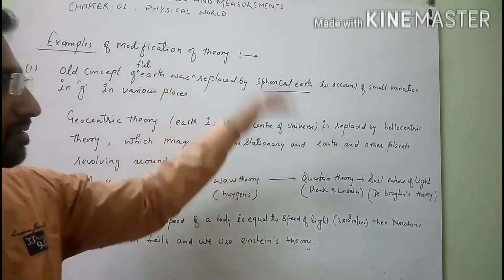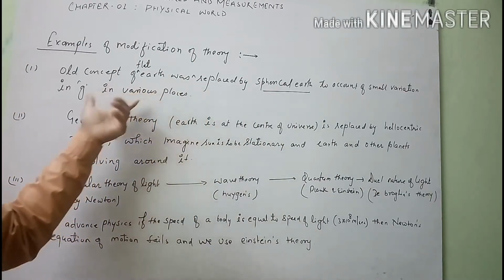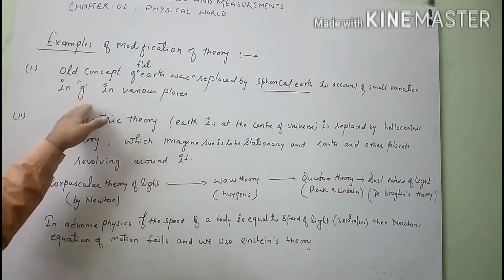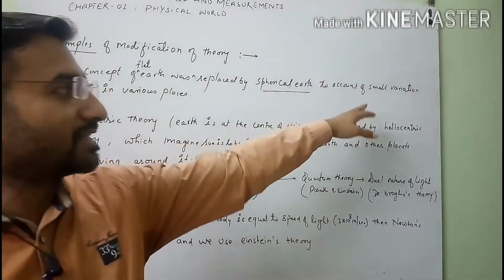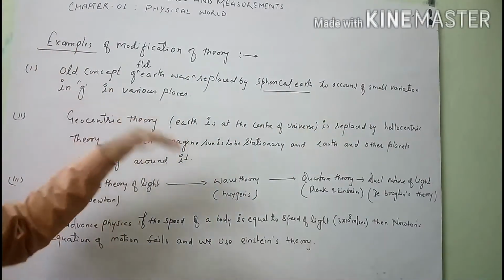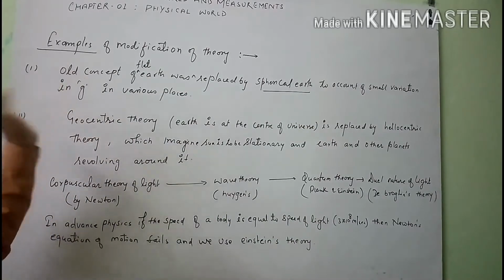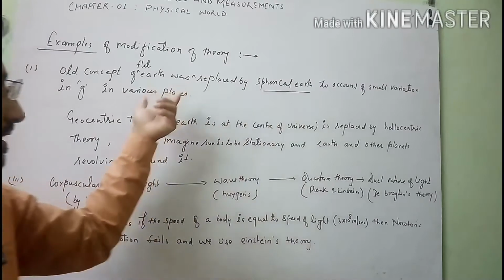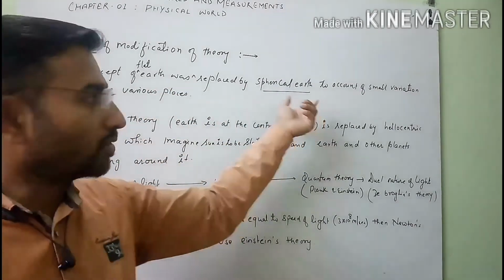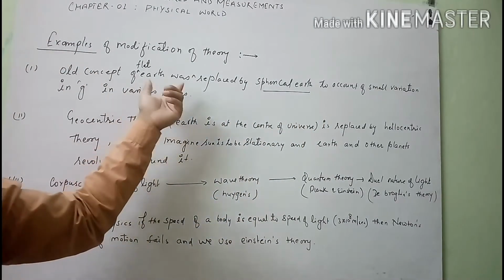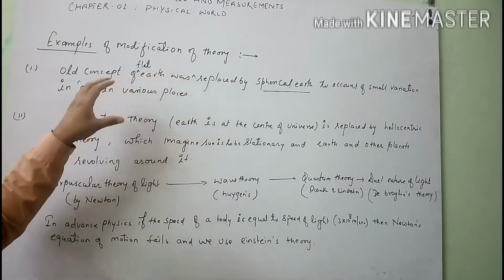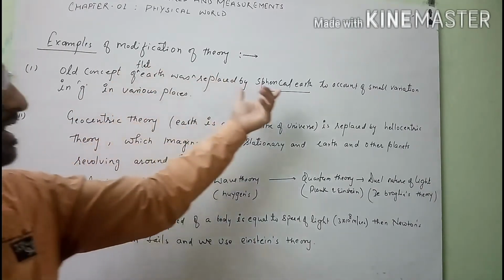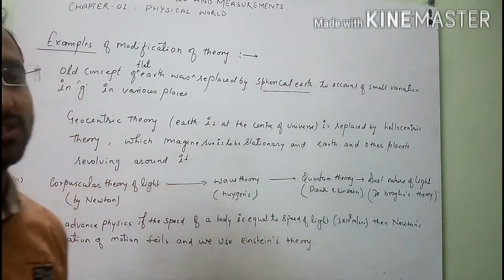But when it was found that the variation of the value of g in different places on Earth is very small, the conclusion was that the surface of Earth is not flat, it is considered spherical in shape.